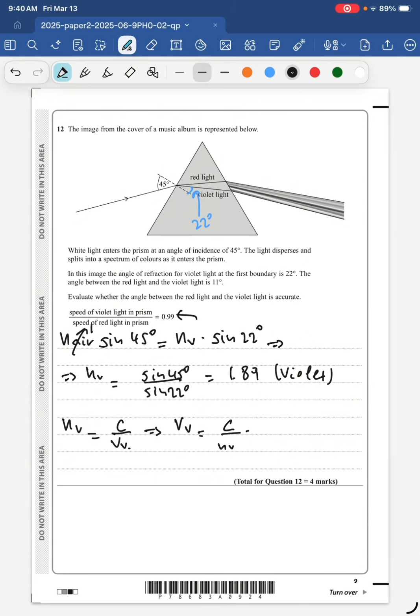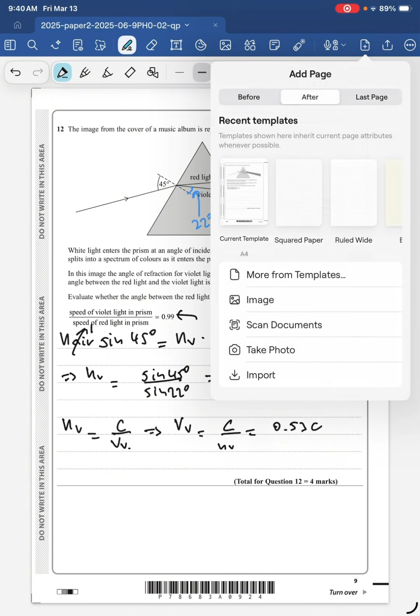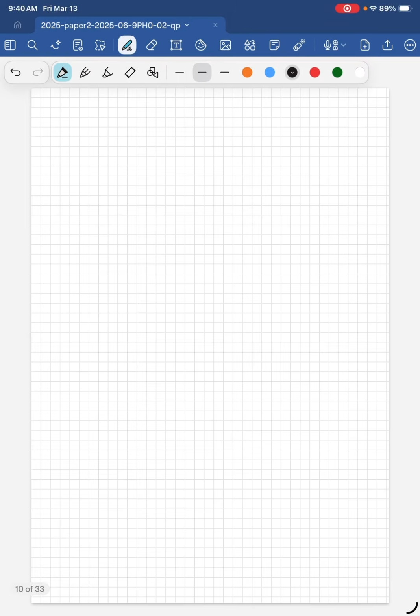Okay, let's use a clean page. Now, v for violet over v for red is 0.99, right? So v red is 0.53 times the speed of light over 0.99, or 0.534 c.